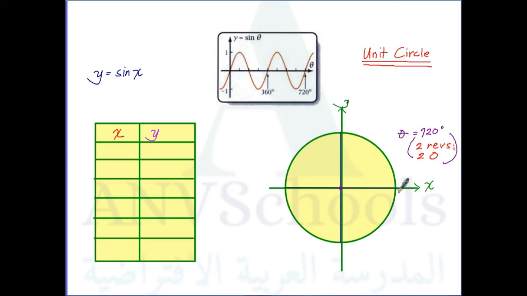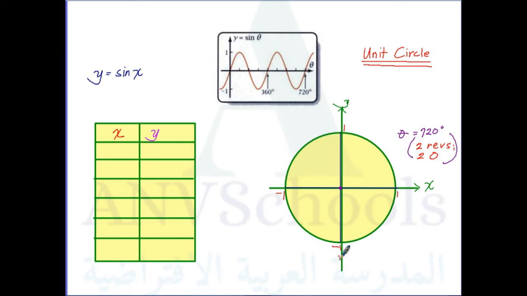The value of this is 1, this is 1, negative 1, 1, negative 1. Look, this is a unit circle. So sine and cosine functions are taken from a unit circle. Rotating around a unit circle with varying angles, that is where sine and cosine came from.